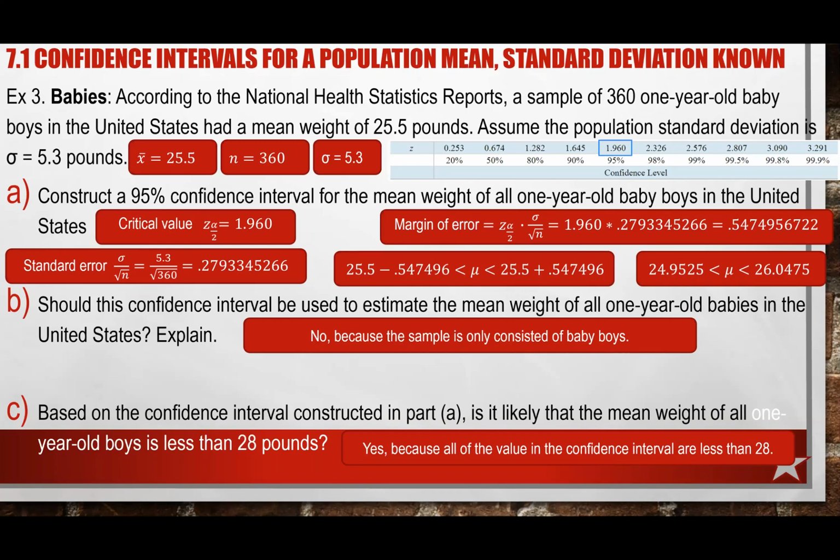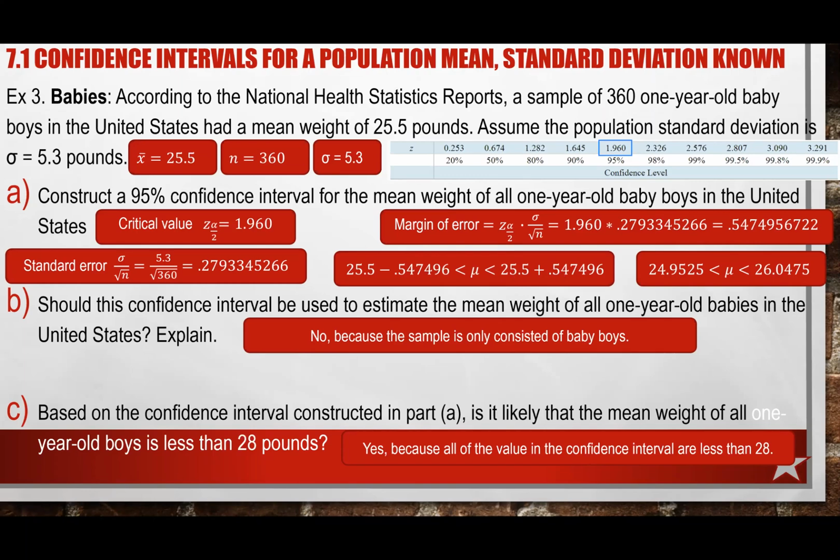Mr. Chang, I have a question. When we get the margin of error, that big number, 0.5474956722, and then we subtract it from the mean, are we supposed to use the entire number or just stop after a few digits? You could. The thing is, you could use it. I use it here because I want to keep 4 decimal places, because after you subtract or add, that's where you round for your final answer.